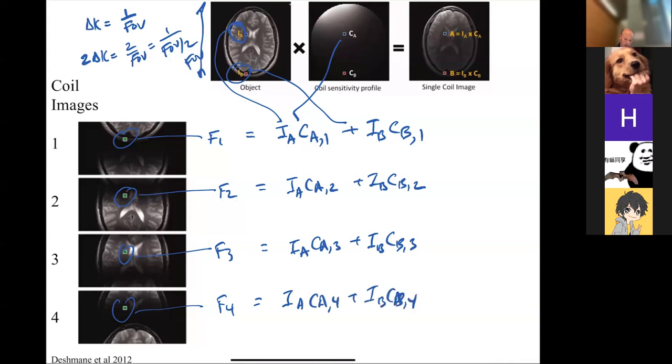And therefore, you can sort of see where we're going. We should be able to write this as a matrix equation, right? I should be able to solve for IA and IB, right? And the vector is just going to have these coil sensitivities in them.